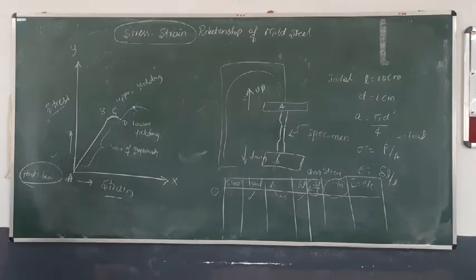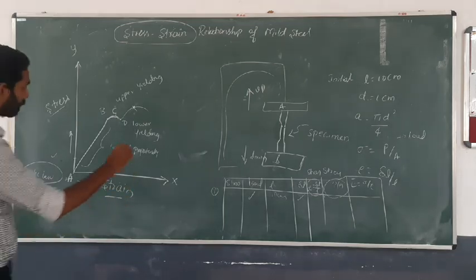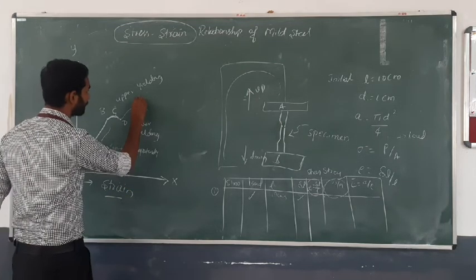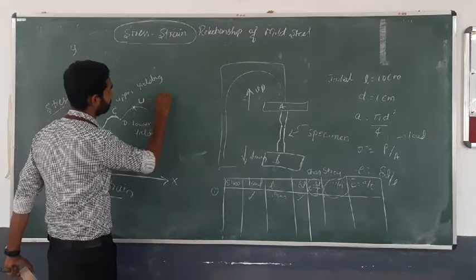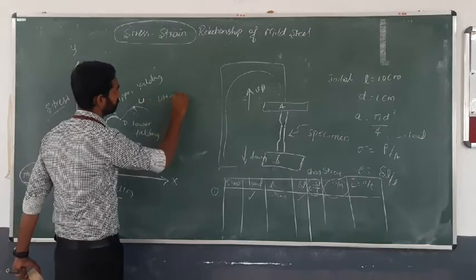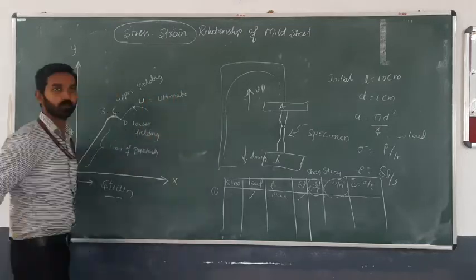Upper yielding as well as lower yielding. And the last point is the U point. You can call this the ultimate stress, the ultimate point.